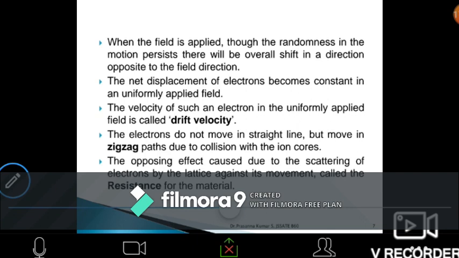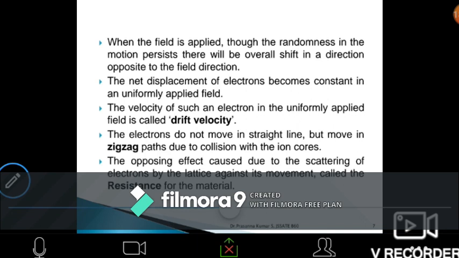So the electrons gain a positive value for their velocity, for their movement. It is not zero under the application of external field. This positive value of velocity in the uniformly applied field that is gained by the average electrons is called the drift velocity.